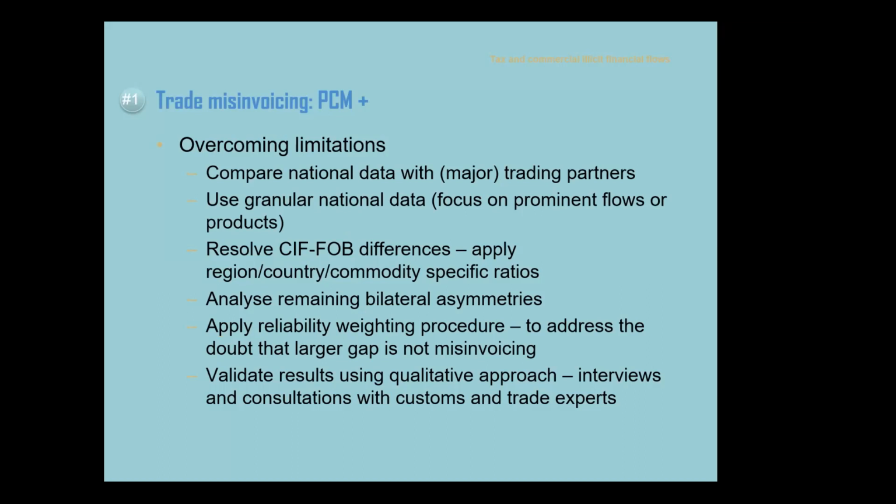So now let's try and understand what the reasons behind it are and take out all the reasons which can be explained by various factors, as we've seen before: the valuation, the trade systems, the time lags, and so on. And what we're left with, we cannot explain. So we can reasonably well consider this part as illicit financial flows.